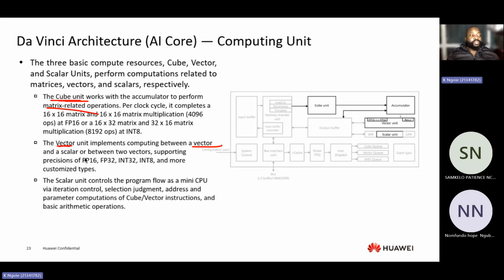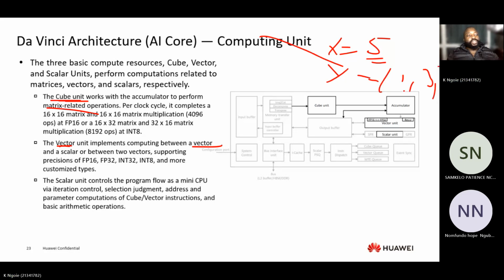Even if we have a vector multiplied by a scalar. Guys, remember a scalar, let's say my data, a scalar will be like this, just this, okay? X equals 5, so this is a scalar. If I have X equals 1, 3, 5, this is a vector.